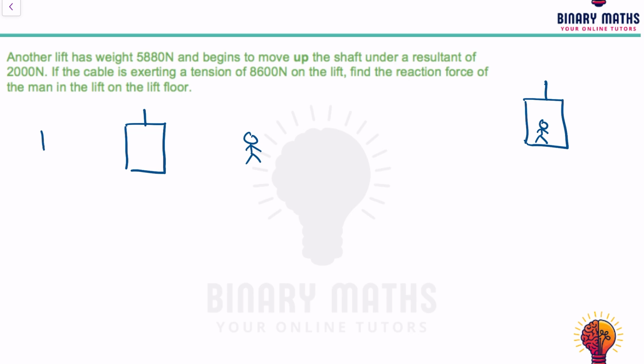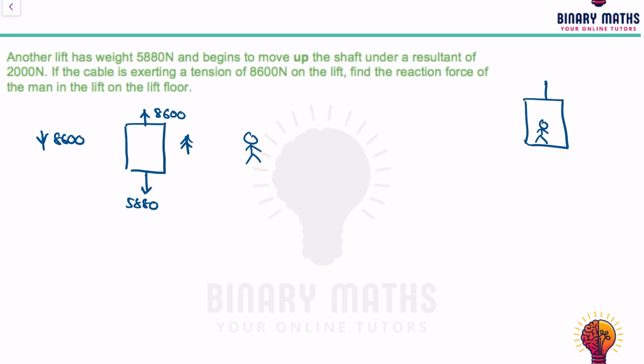So the lift has weight 5,880, and begins to move up the shaft. So it's moving up, under a resultant force of 2,000. If the cable is exerting a tension of 8,600, so we know this tension is 8,600.